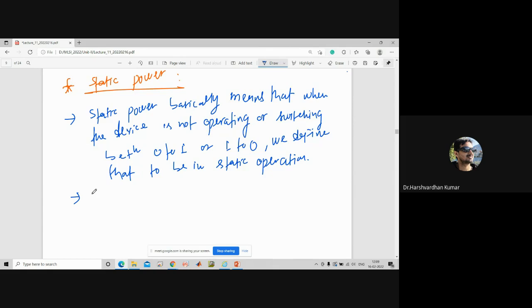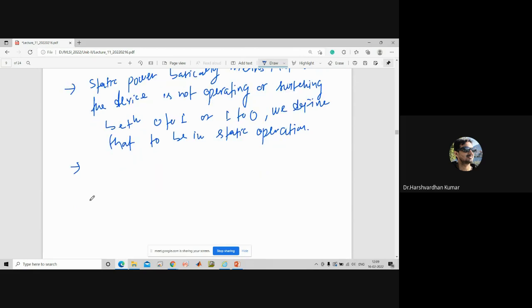If you stay there for an infinitely long duration of time, we define that to be a static condition. We are not giving the signal in pulse form, so the device will stay there for an infinitely long duration. That means we are operating the device in static mode.